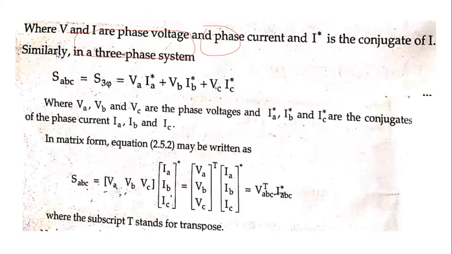Therefore, for the three-phase system, where V and I are the phase voltages and phase currents, and I conjugate is the conjugate of the current, the three-phase power is SABC, for phases A, B and C. Therefore, S three-phase is equal to VA IA conjugate plus VB IB conjugate plus VC IC conjugate.